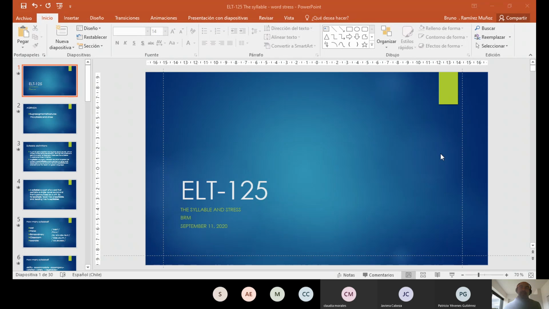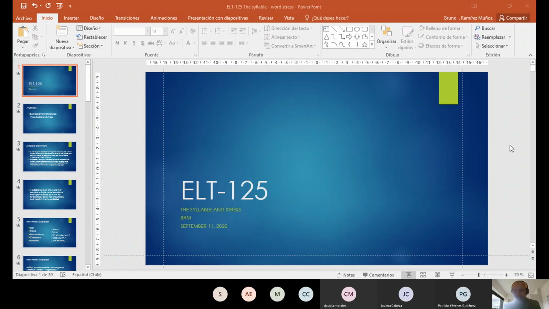We make a different muscular effort when we produce these syllables, because one of them usually carries the word stress. One of them is louder, one of them is longer, or sometimes one of them carries a higher pitch, and that is going to be called the stressed syllable. That's a concept that I would like you to keep in mind.